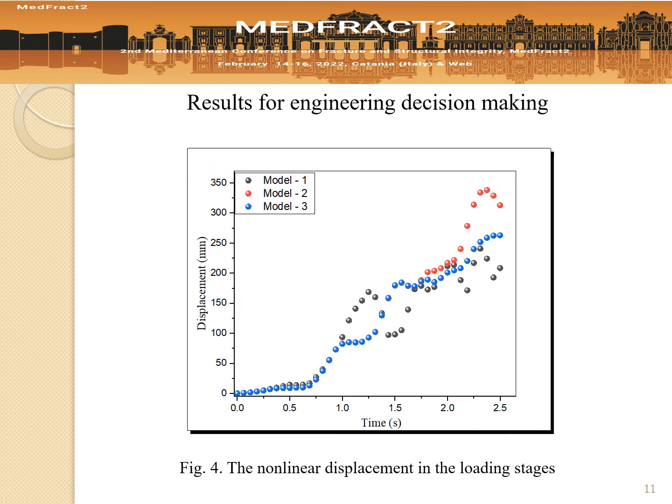The path loading change with a change of geogrid location in the whole stage of the numerical simulation is shown in this picture. Model 1 collapses with lower displacement, and also nonlinear displacement and deformation are changed with respect to the geogrid location.